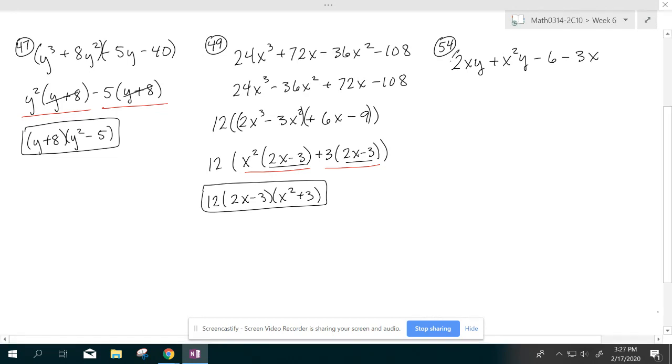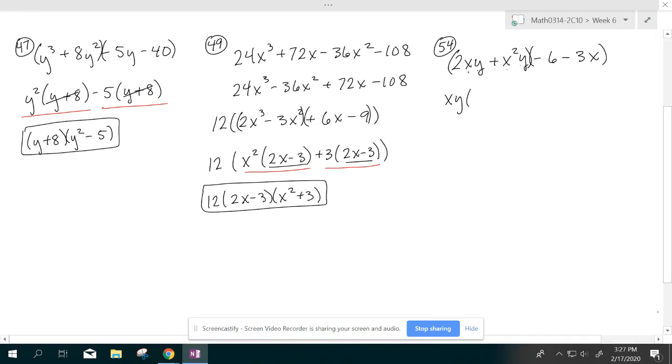So what I'm going to do is I'm just going to go ahead and start with my grouping them two at a time. What does the first group have in common? I see that they have an x and a y. We're going to be able to pull out an x and a y from the first group. Y'all see they have an x and a y both?